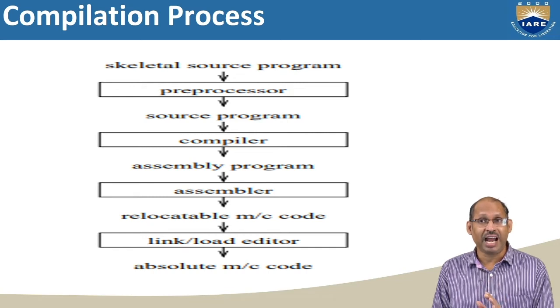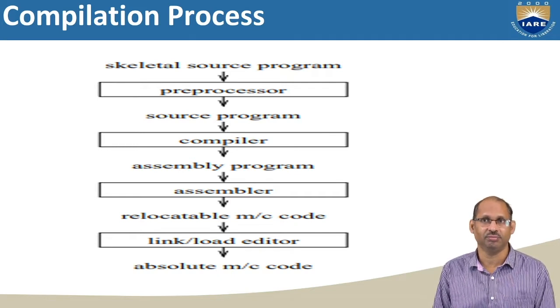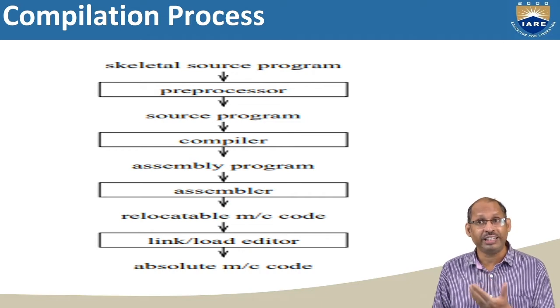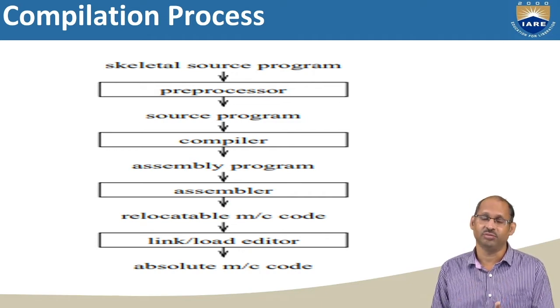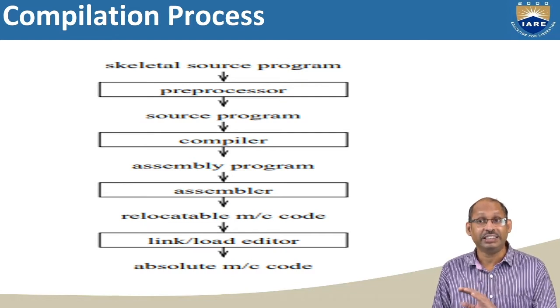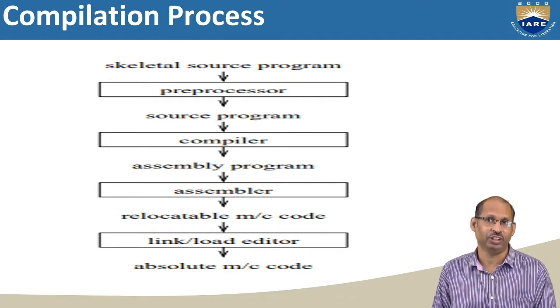the status of the main function will be saved and control is transferred to the subfunction for execution. It also creates a record of the subfunction, performs the execution, and returns control back to the main function.